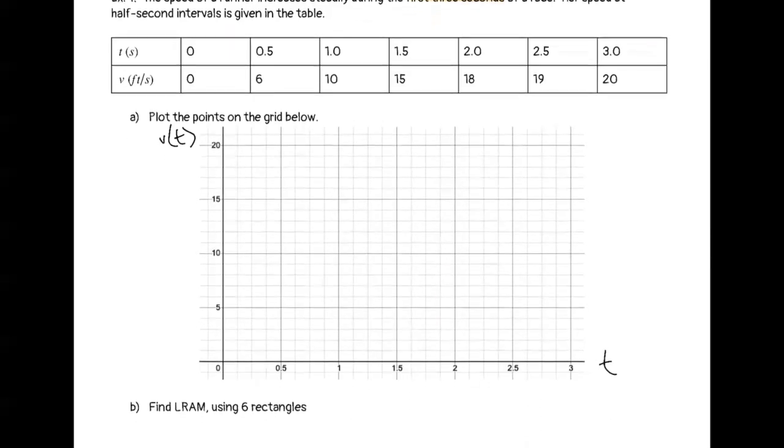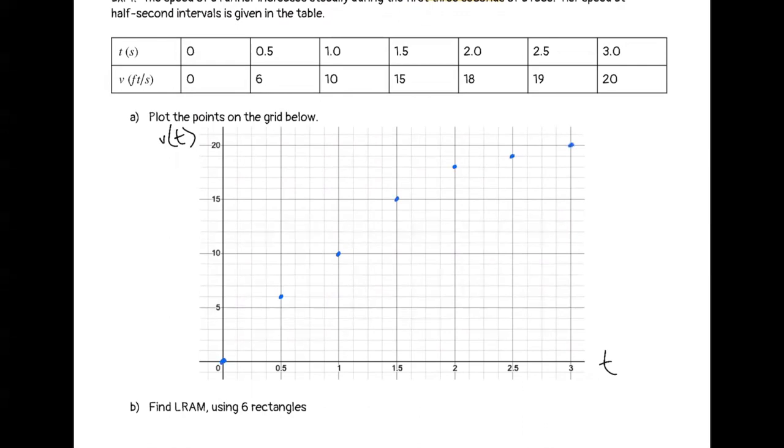I'm going to have one at 0, 0. One at 0.5, 6. 1 and 10. 1.5 and 15, 2 and 18, 2.5 and 19, and 3 and 20.